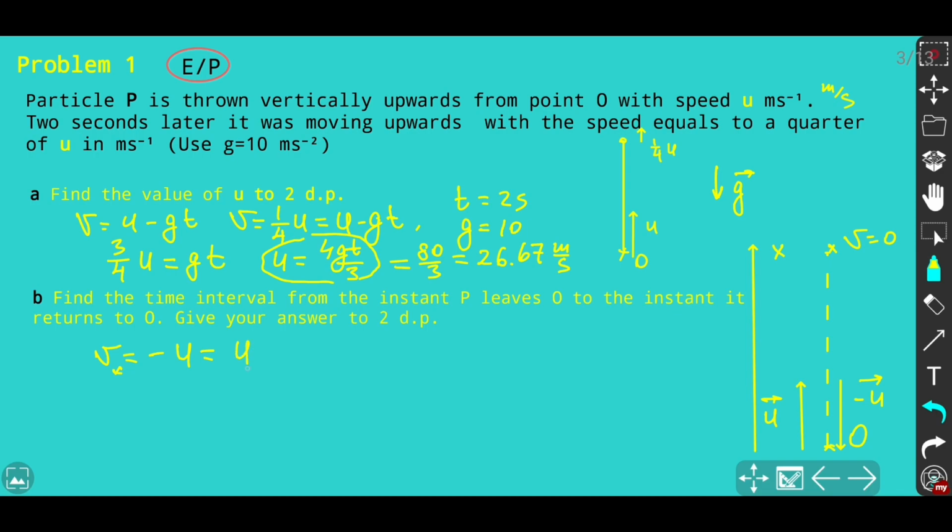And we can use initial velocity, which is positive, and minus gt, according to the rule. From where you can establish time, so you'll get 2u equals gt, from where the time traveled to the maximum height and the way back is going to be equal to u over g.